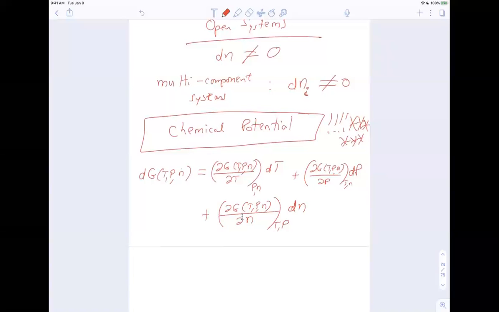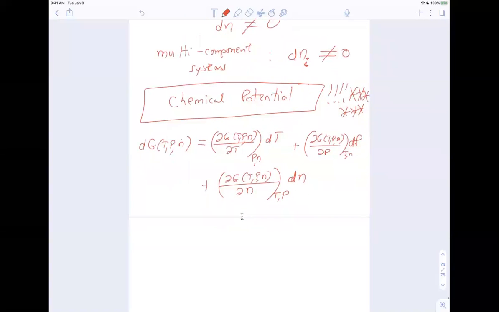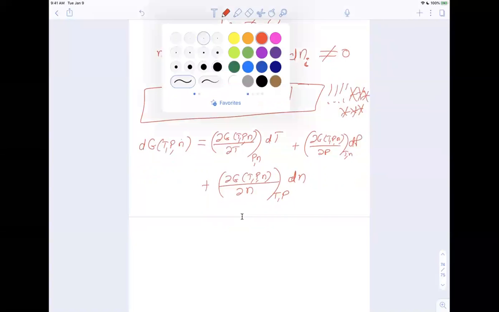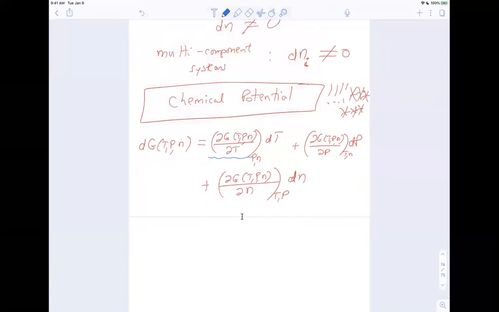We know from above that the first partial, the partial of G with respect to T at constant pressure and N, is just minus S. We already saw this. This other one is just V. You can go back into your notes and check.